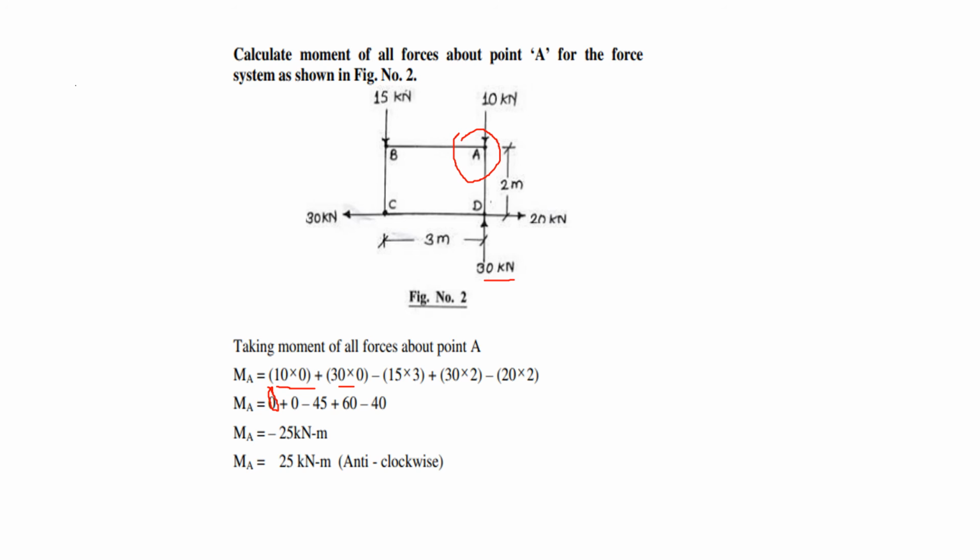This 15 is a vertical force, and the horizontal distance here is 3. So this 15 into 3 is minus because it is in anti-clockwise direction, plus 30 into 2.